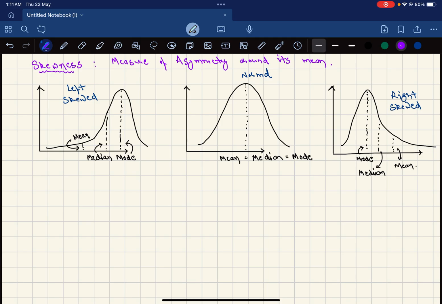So skewness is defined as the measure of asymmetry of the distribution about its mean. Now, skewness mathematically is computed as the third standardized moment of the distribution.